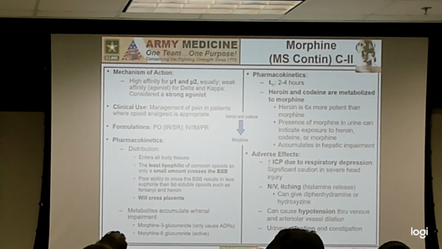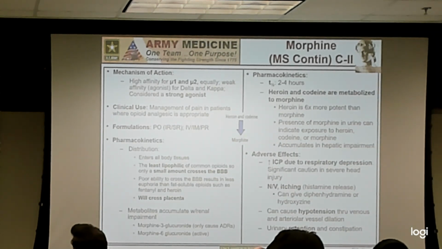Looking at this, you see that heroin and codeine are metabolized to your morphine, okay? So that would mean that codeine is a prodrug to morphine in a way, when you see that something can be metabolized to something else, or it has an active metabolite. Okay, so you can get a longer duration of action. You have to see what's going on with that patient and how they are processing the codeine, because then you're going to get hit with the morphine side effects as well, or the metabolites for the codeine.